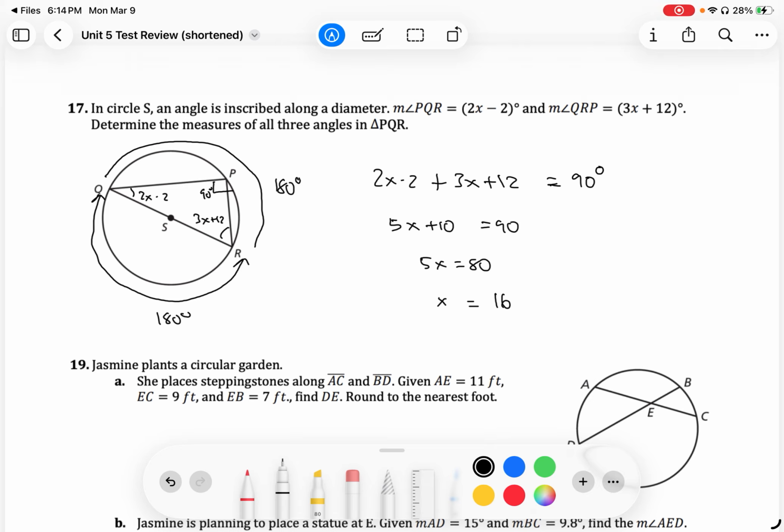So if x equals 16, I know that the measure of angle PQR is equal to 2 times 16 minus 2, which is 30 degrees. I know that the measure of angle QRP is going to be 60 degrees, 3 times 16 plus 12. Yes, 60 degrees. And I know, of course, that the measure of angle QPR is 90 degrees.